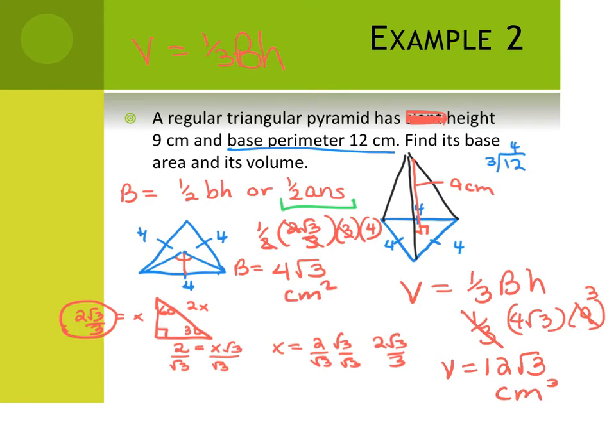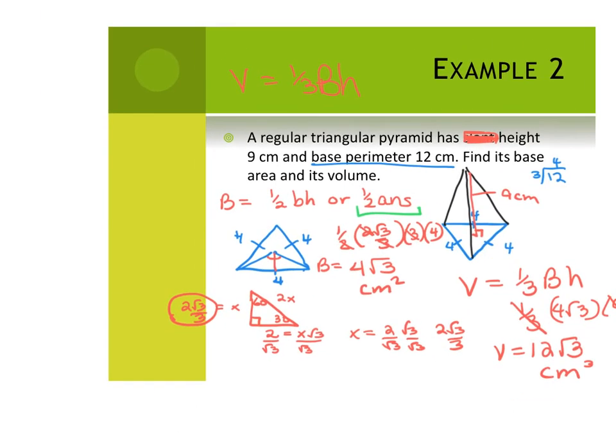Now, I could have also turned that equilateral triangle. I could have found the height of it. There are other ways to do it. I could have also taken the base, 4, 4, 4. Remember that each one of these angles is 60.